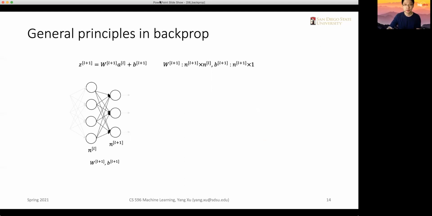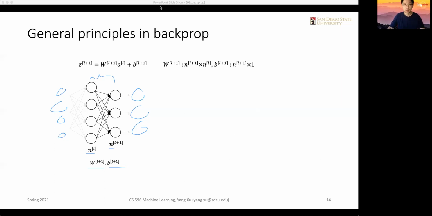Just imagine that we are focusing on the weight matrix or weight and bias that connects this layer, which we call L, and the second layer, which we call L plus 1. There could be more layers afterwards and before, and we don't actually care too much about that. We just want to know how we understand the formulas between these two arbitrary layers.